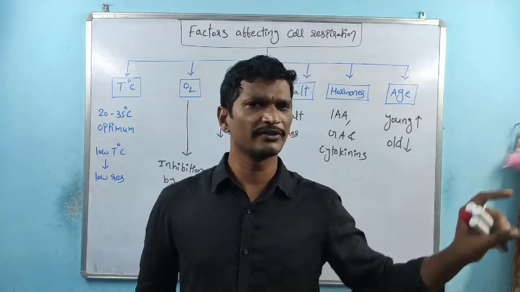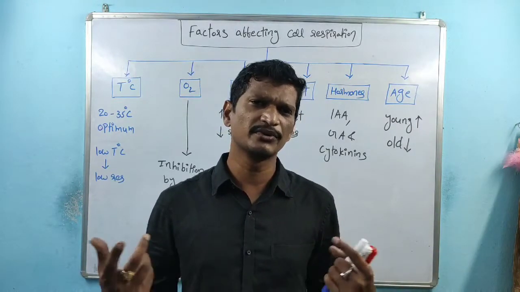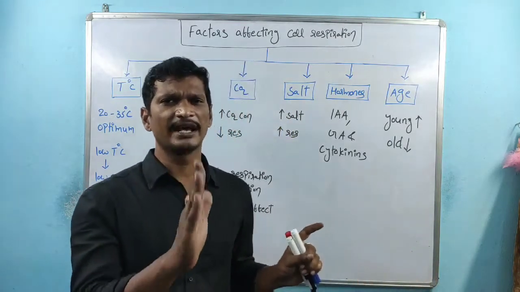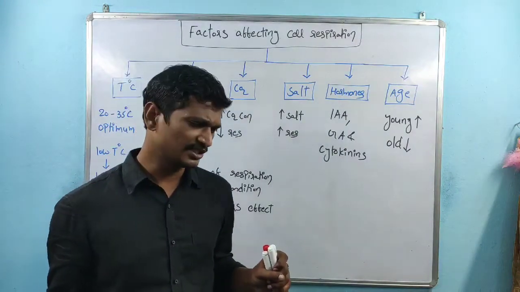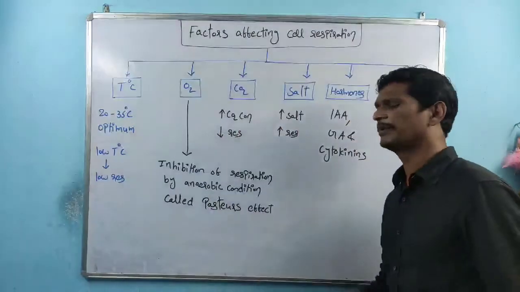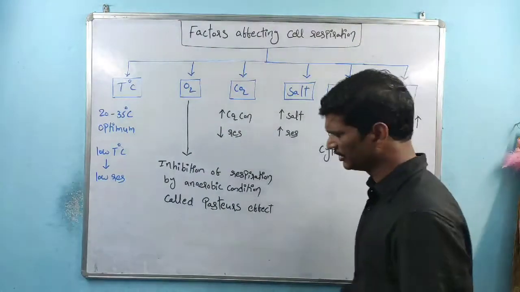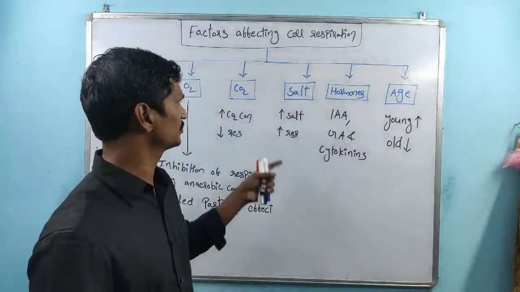If oxygen is not available, aerobic respiration will not take place. Lack of oxygen stopping respiration is called Pasteur's effect. That is about the role of oxygen on the respiration process.